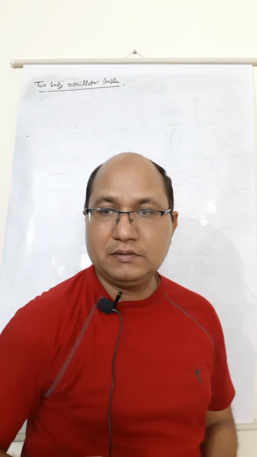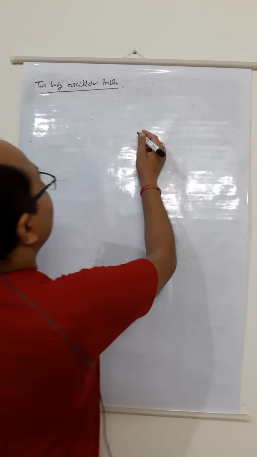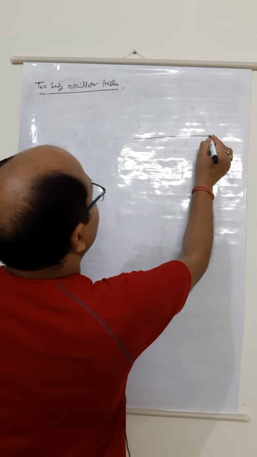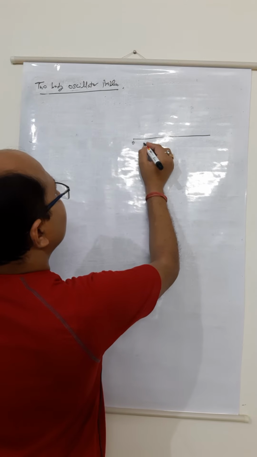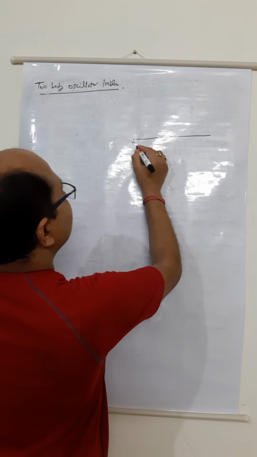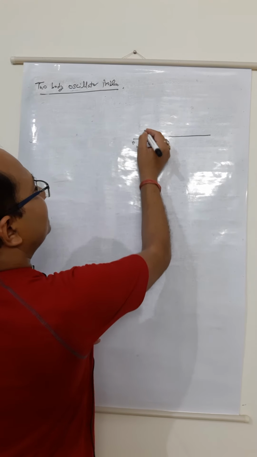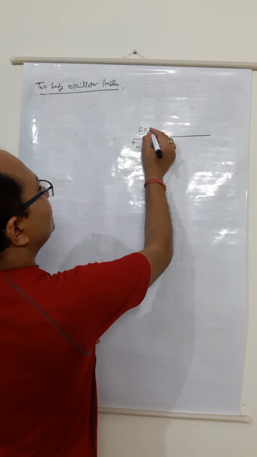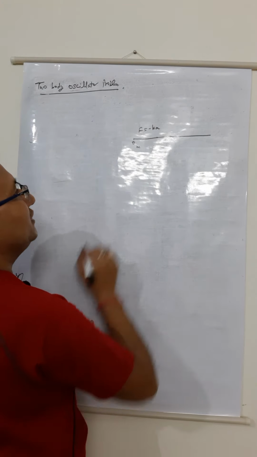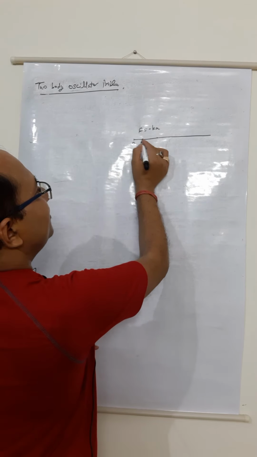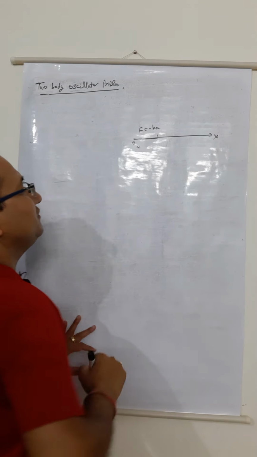We have seen that whenever an object of mass m, suppose this is the origin O, comes under motion in a force of this type, F is equal to minus kx, where x is the displacement from this origin in the x direction.